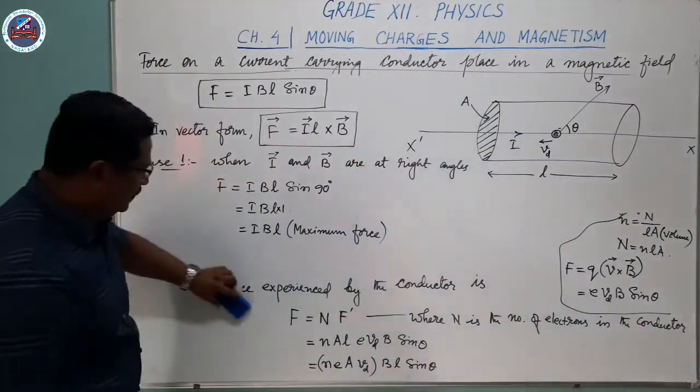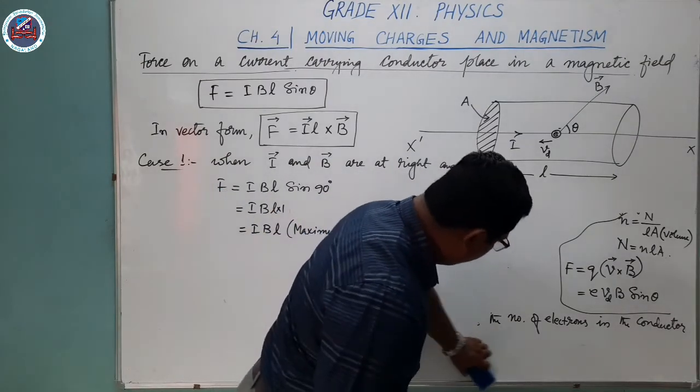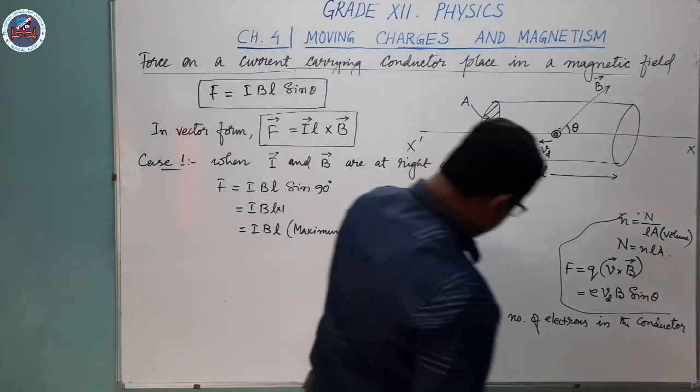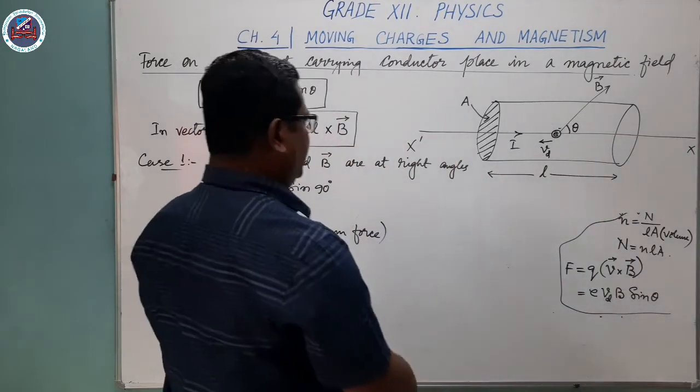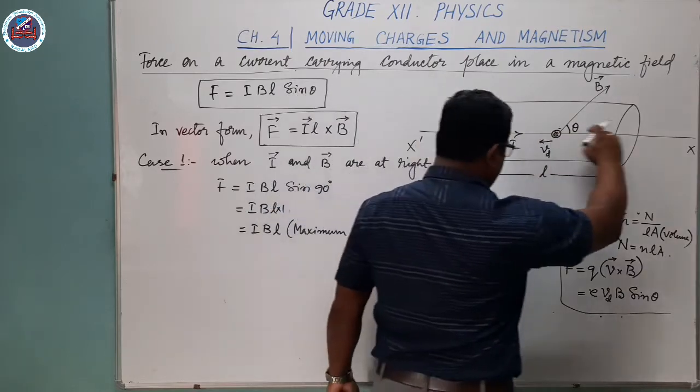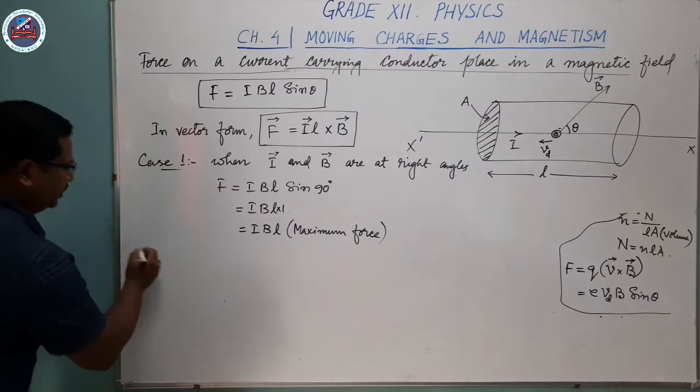And if I and B are parallel or anti-parallel, if they make an angle of 0 degree, if the magnetic field passes like this along the direction of current, then the angle will be 0 degree.